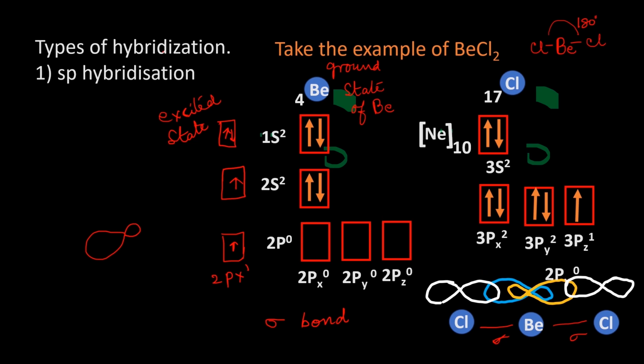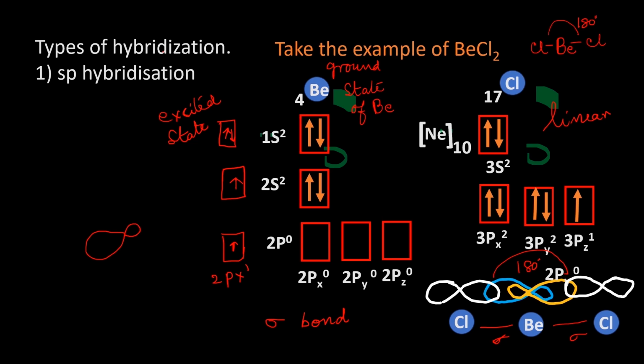Before we conclude the video, let me explain one more thing. If we try to explain the bond formation in beryllium chloride without hybridization, that is, one of the electrons from the 2s2 orbital gets promoted to the 2px orbital. It does not undergo hybridization.